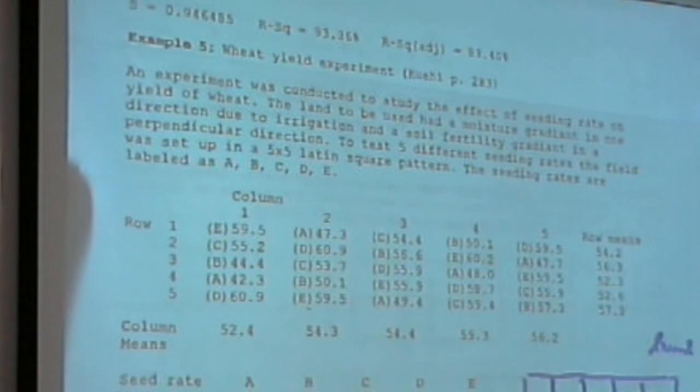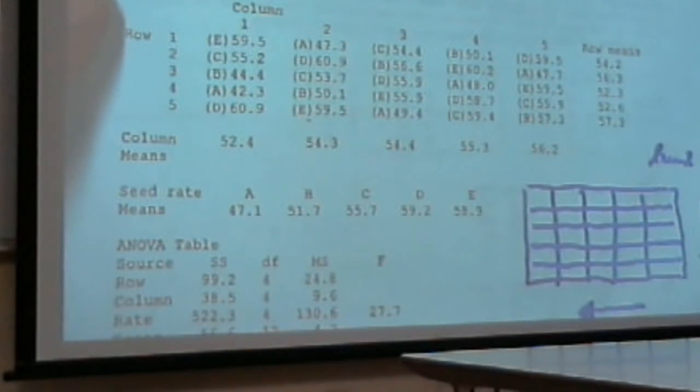There it sits. Now what I want to do is to plant the wheat in those 25 plots of land in sort of a fair, balanced way. And that's what the Latin square does for me. So the Latin square will say each of the seeding rates is going to appear once and only once in each row, and once and only once in each column. That's what I mean by fairly balancing out.